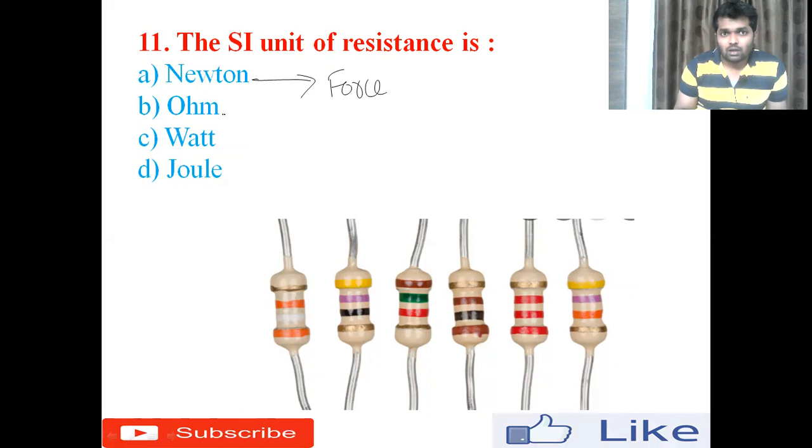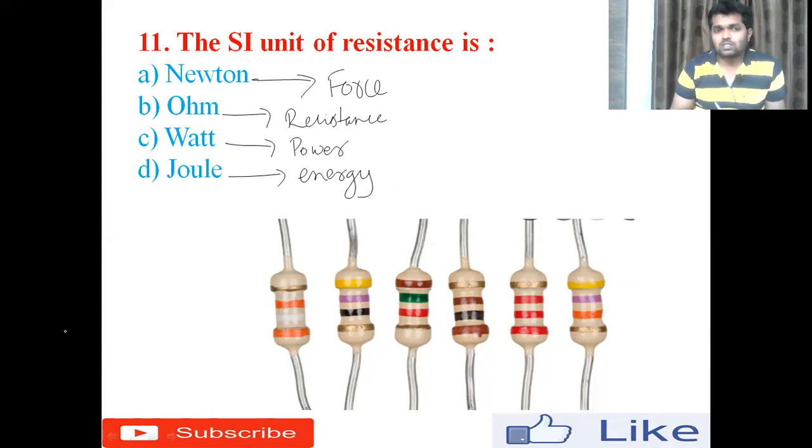Ohm is the SI unit of resistance. Watt is the SI unit of power. And Joule is the unit of energy, any kind of energy, maybe potential energy, kinetic energy, right? So now the right answer for this question is option B, Ohm.